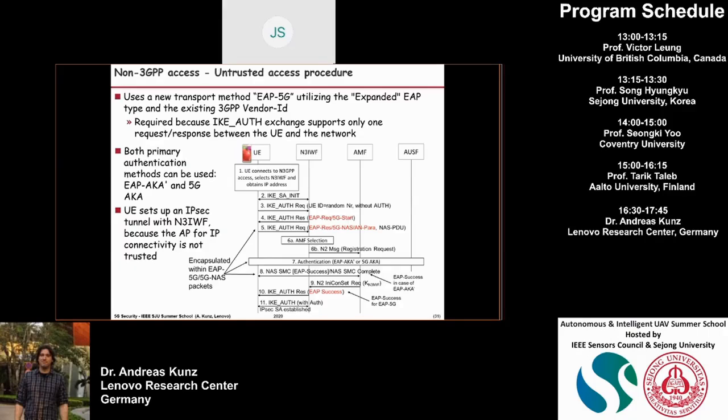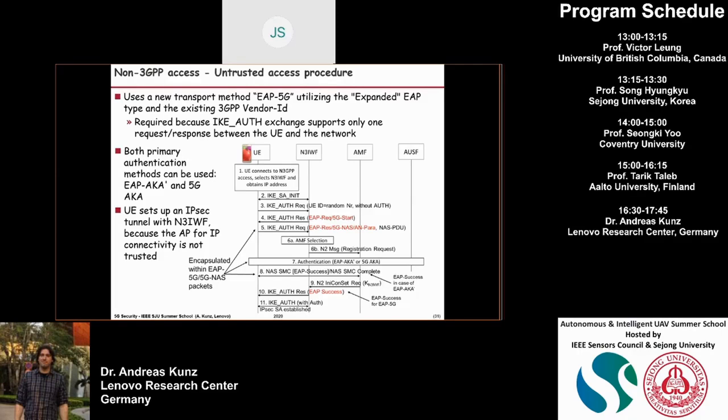Here, IKE_AUTH is used to set up an IPsec connection later on, but since there can be only one request-response pair between the UE and the network with IKE_AUTH, we needed an EAP method to keep this IKE_AUTH connection open. This new method is called EAP-5G, which utilizes the expanded EAP type and the existing 3GPP vendor ID.